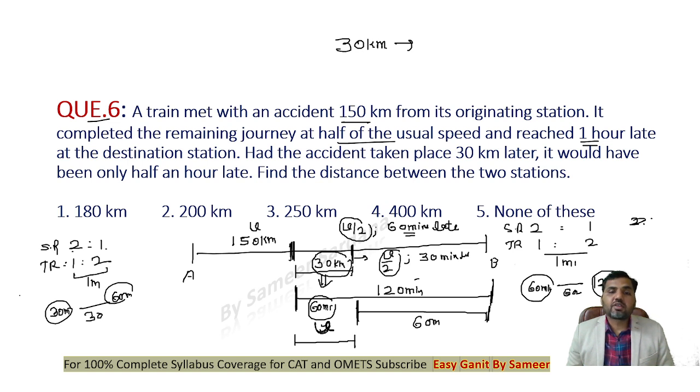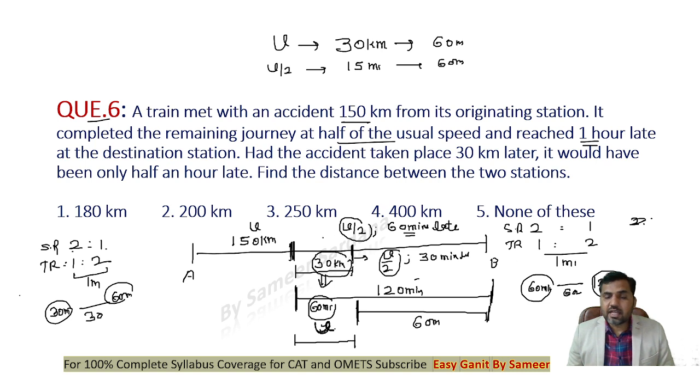So the train is taking a total of 60 minutes to travel a distance of 30 kilometers at normal speed. So at a speed v, the train is taking 60 minutes to travel a distance of 30 kilometers, so at a speed v/2, the train will be traveling 15 kilometers in 60 minutes.